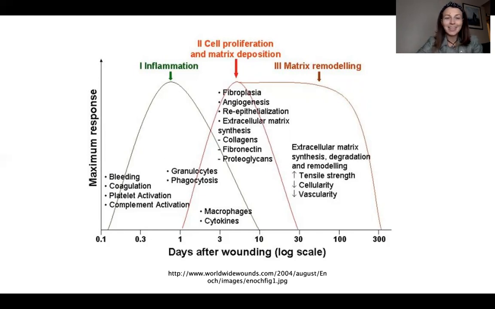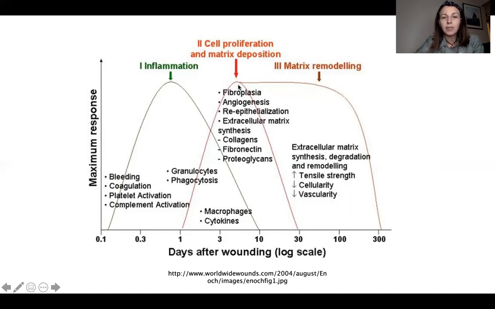So it's this inflammation phase, right, that happens really in the first 3 days. You can see how it peaks within the first day, that you're going to get the most inflammatory response, the most fluid in that area, right? And then as that gets cleared out, as the macrophages are removing debris, we're moving into the proliferation phase.